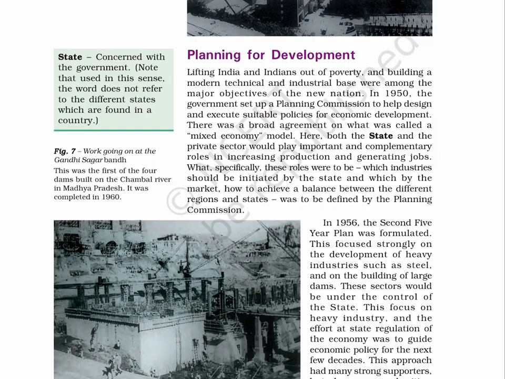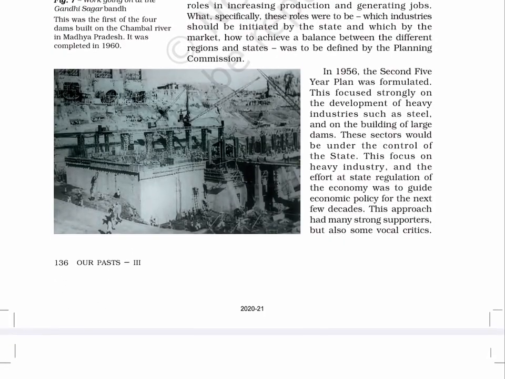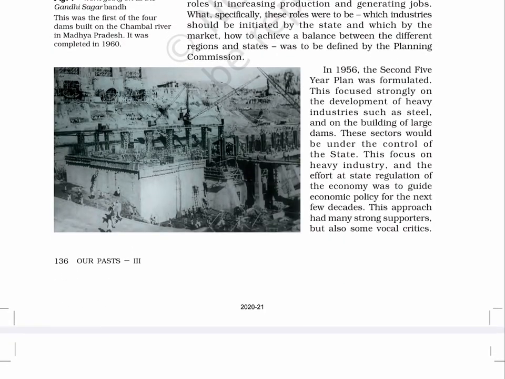In 1956, the second five-year plan was formulated. This focused strongly on the development of heavy industries such as steel and on the building of large dams. These sectors would be under the control of the state.